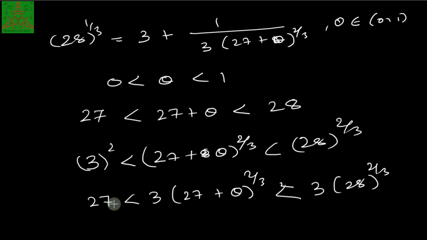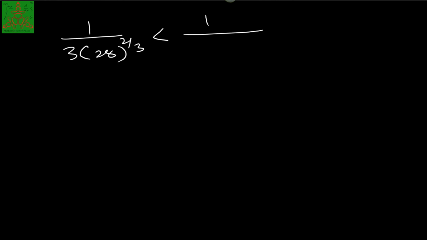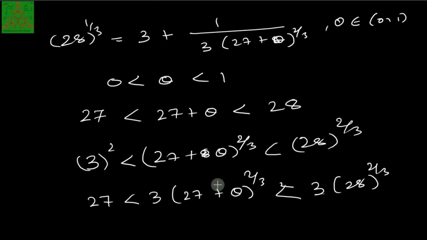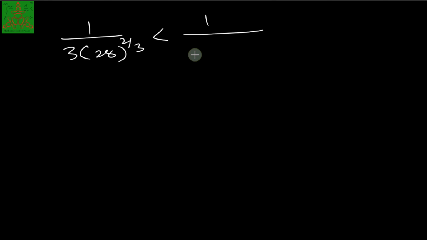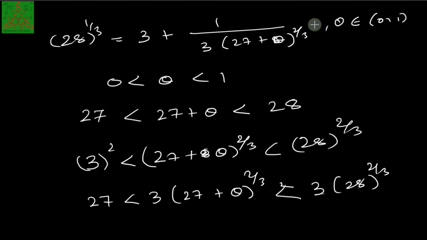And taking 1 upon this, the inequality will be reversed. So this will give me 1 upon 3 into 28 raised to 2 by 3 less than 1 upon 3 into 27 plus theta raised to 2 by 3, which is less than 1 upon 27.